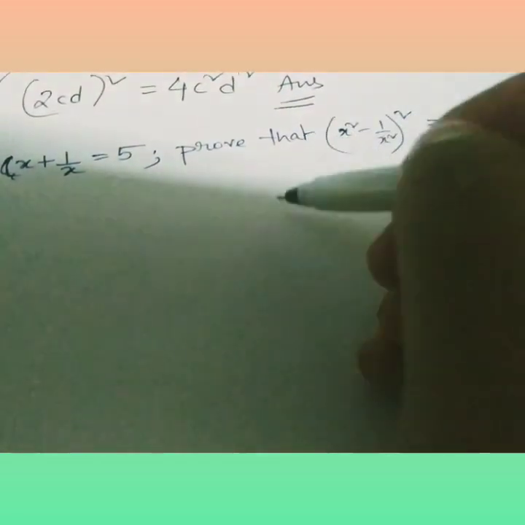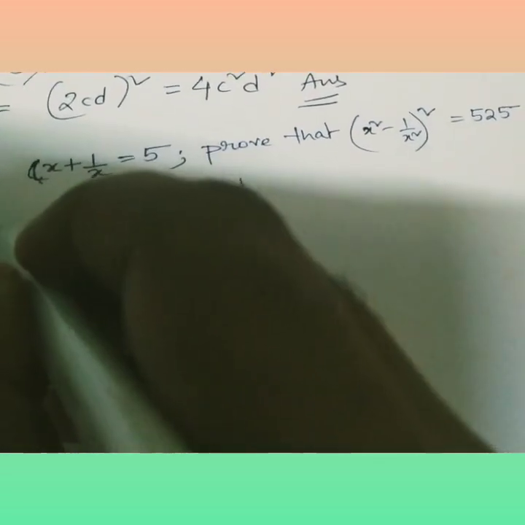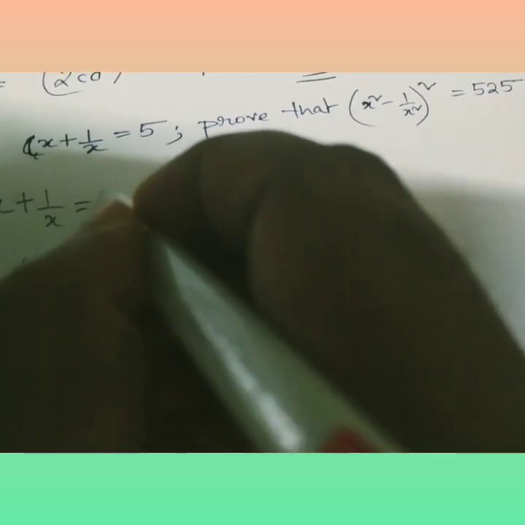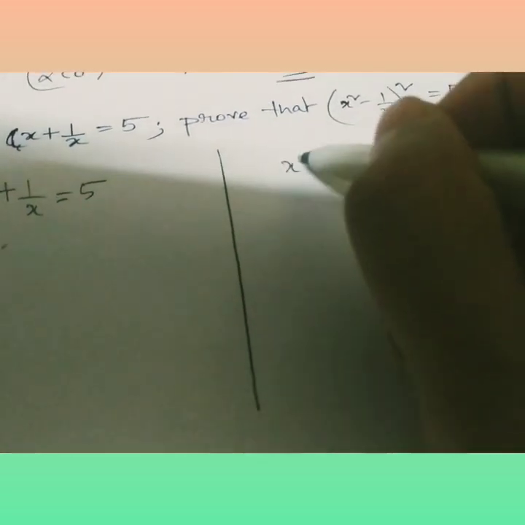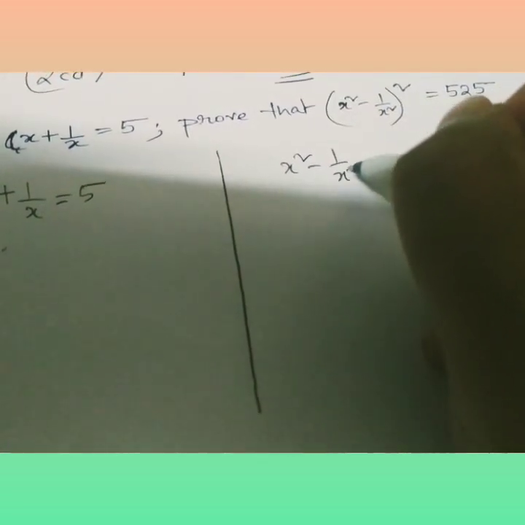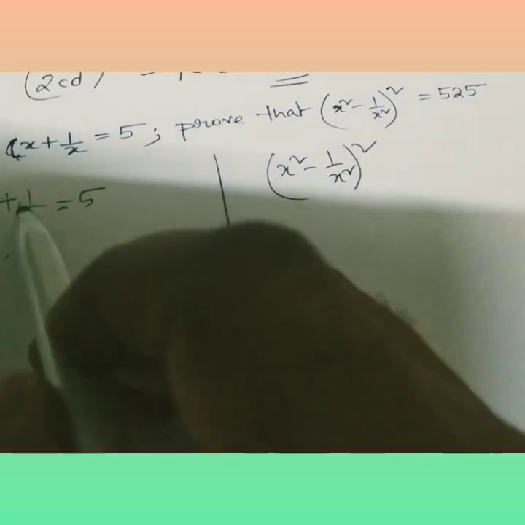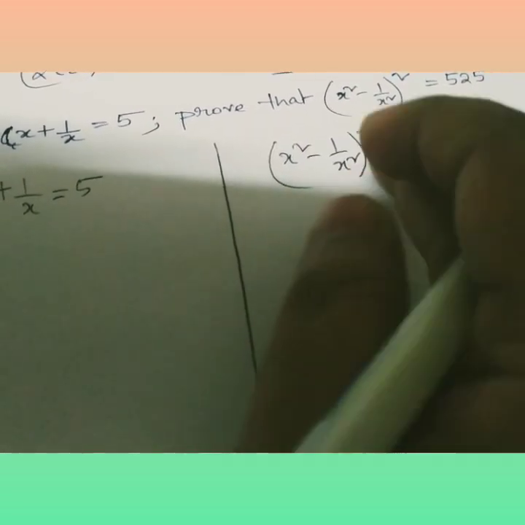So we can do one thing. Let's put a left hand side and a right hand side. So in left hand side I have over here what? X plus 1 by x equal to 5. Okay. And right side (x square minus 1 by x square) whole square. Now from x plus 1 by x, I cannot jump directly to (x square minus 1 by x square) whole square.